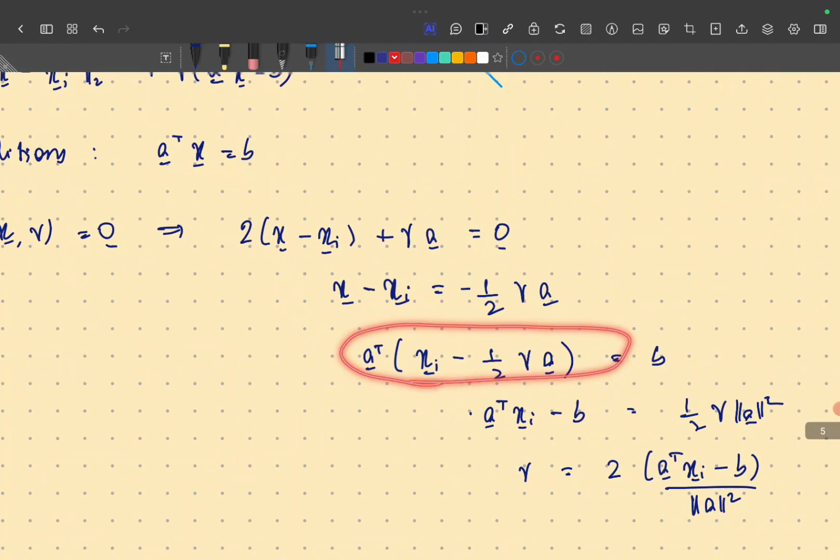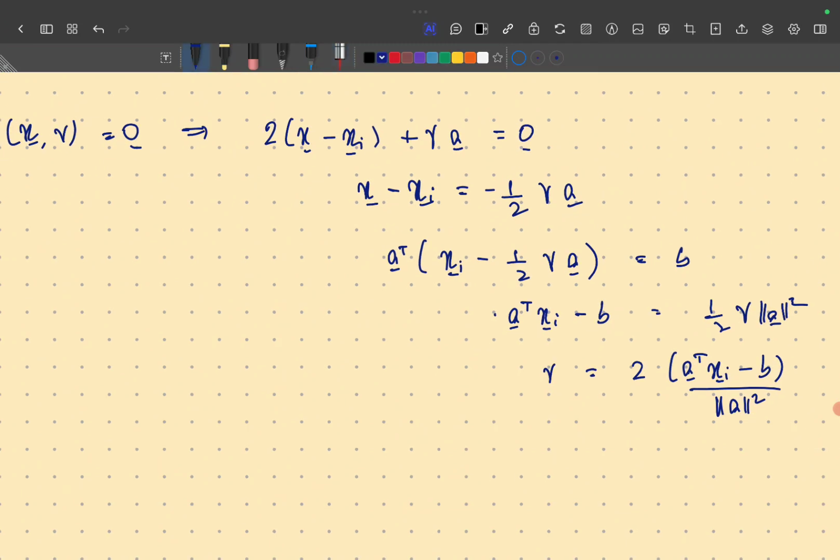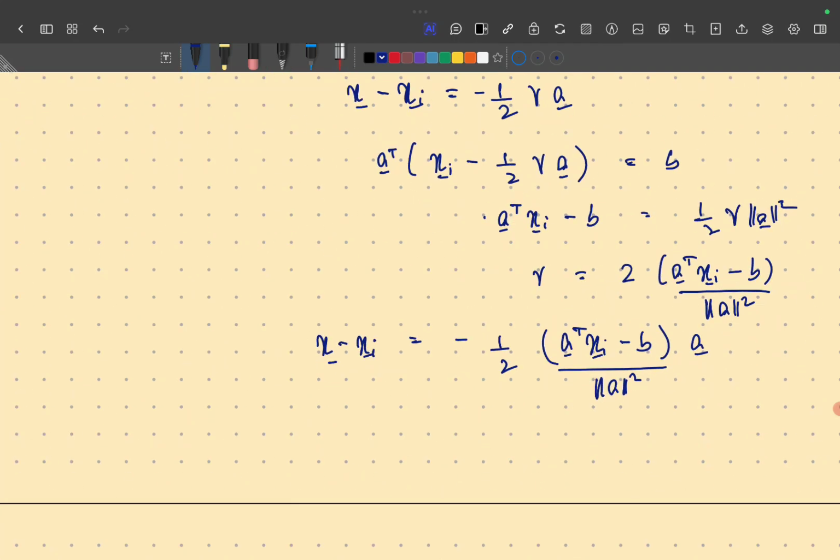If I put this back in x minus xi equal to minus half nu times A, then I basically get x minus xi should be equal to minus half of 2 times (A transpose xi minus b) times A divided by norm A squared.